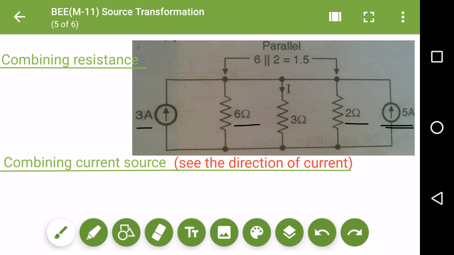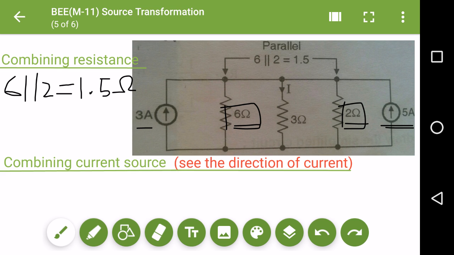Now the only thing I need to do is to combine this 6 ohm resistance with this 2 ohm resistance. I will use the parallel combination, that is 6 ohm in parallel with 2 ohm, which will give me 1.5 ohms of resistance. And you can see in the diagram that I combined this 6 ohm with the 2 ohm resistance.